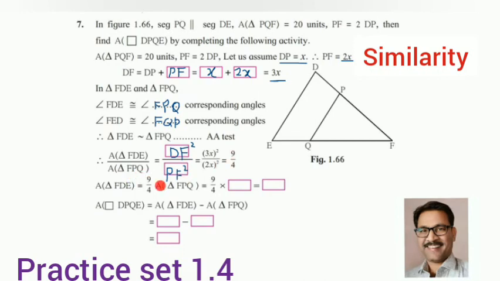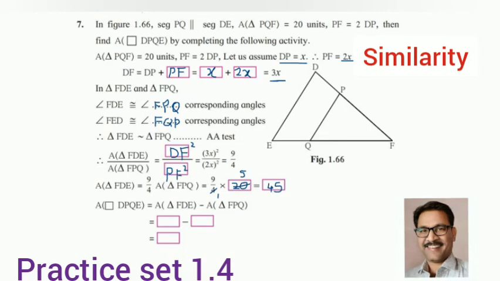Now we can put the value of the area of triangle FPQ, which is 20. The next part is only simplification. See here, 4 ones are 4, 4 fives are 20. Therefore, 9 fives are 45.